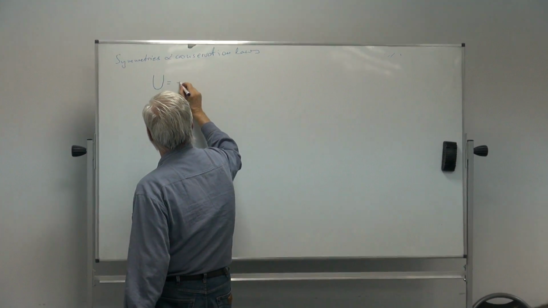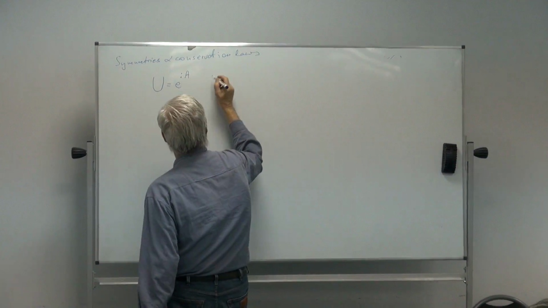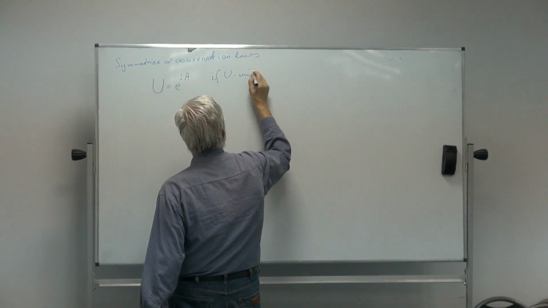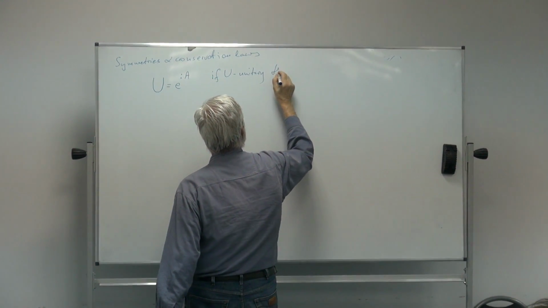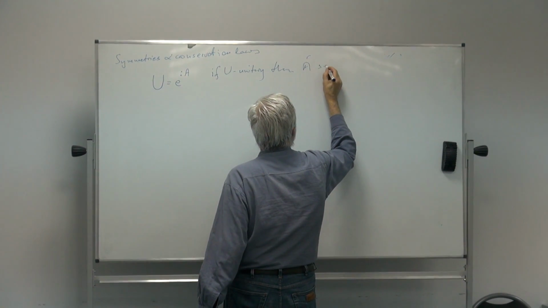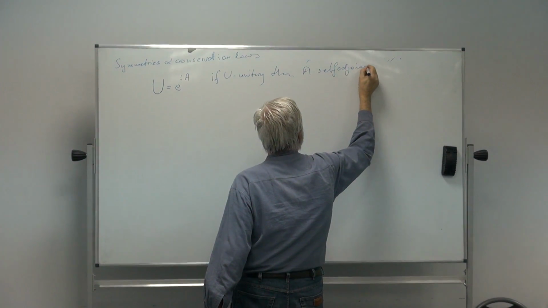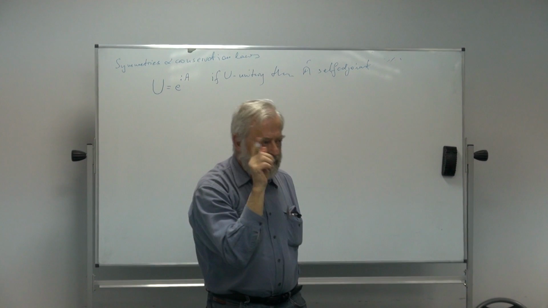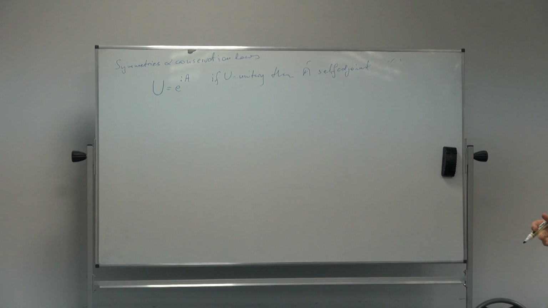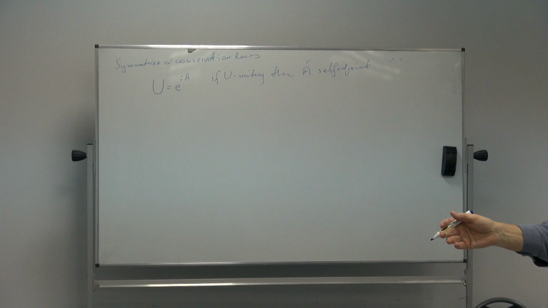Every unitary operator has this form: if U is unitary, then U equals e to the iA with A self-adjoint. It is true even in this case of infinite-dimensional Hilbert space with all these unbounded situations.